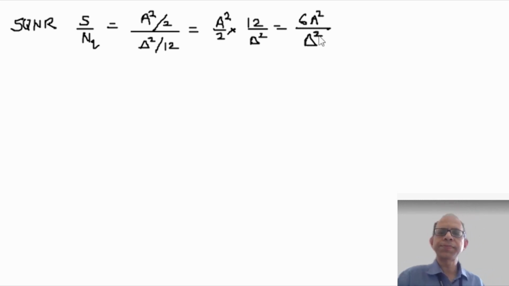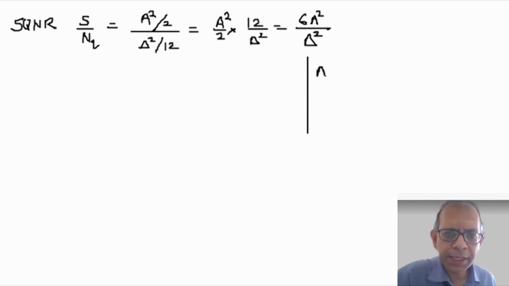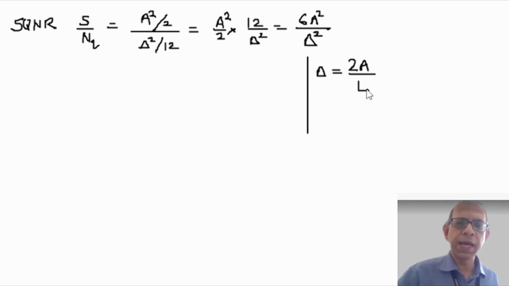Now we know that delta, the step size in uniform quantization, is given by the dynamic range, that is 2M max, where M max here is A, so 2A by the number of quantization levels L.